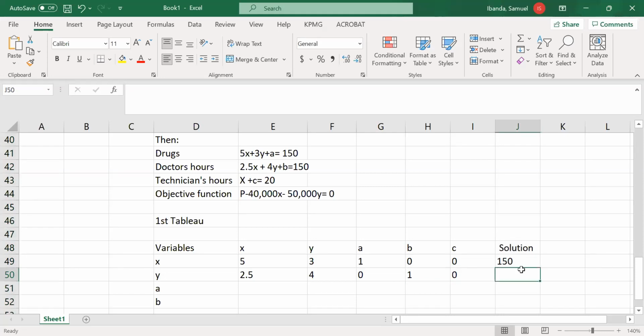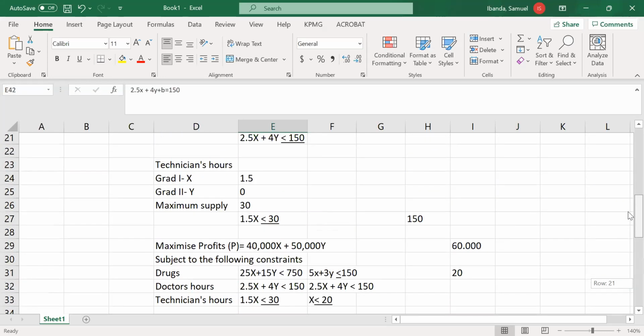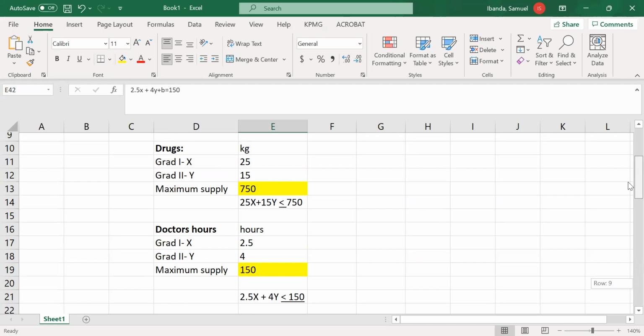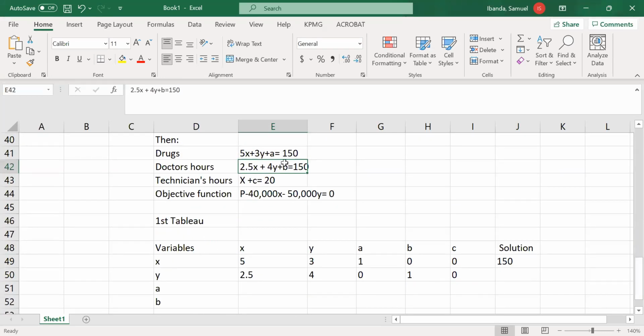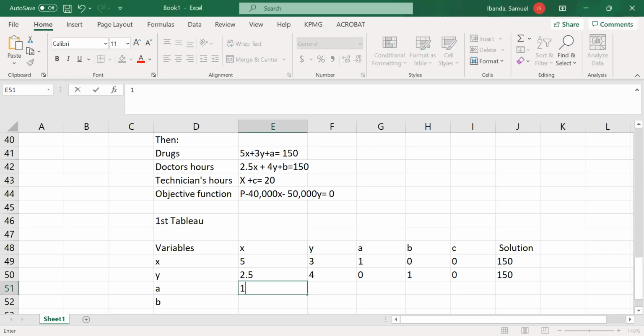Then here, I think I picked something wrongly. Just let me see. Was this 150, 150? Okay, it is the same. I just adjusted. So 150, 150. The total here, as you can see, is also 150. Then here, technician's hours, which is our third equation, we are going to see that we have 1.